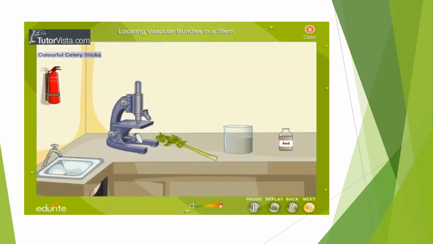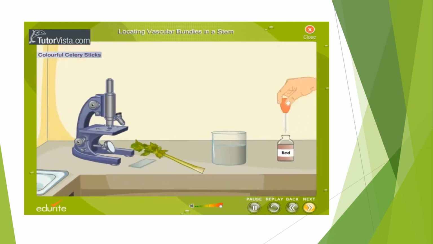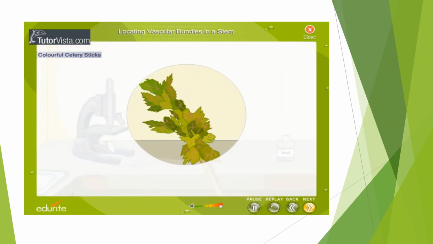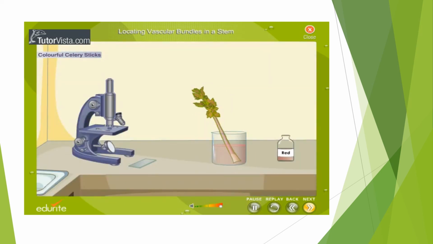Here is an interesting experiment which you can do to demonstrate the role and location of xylem in the stem. Mix several drops of red food coloring with water in a glass container. Place celery stalks in the container and leave it for 3 to 4 days. The colored water in the celery has risen to the tips of the leaves as transpiration is taking place.